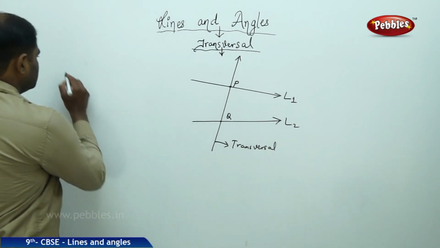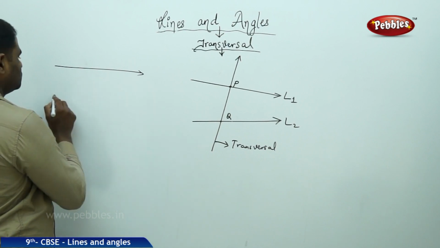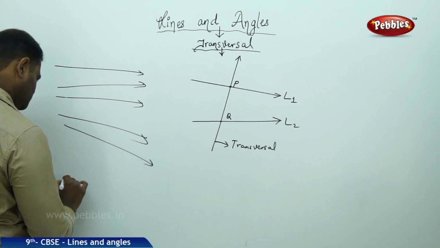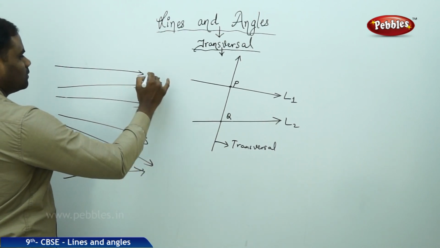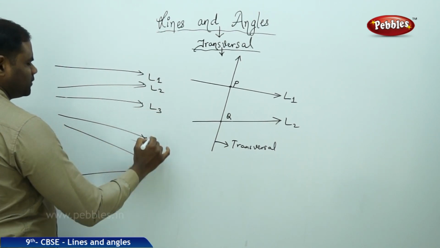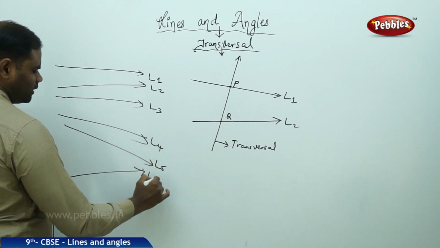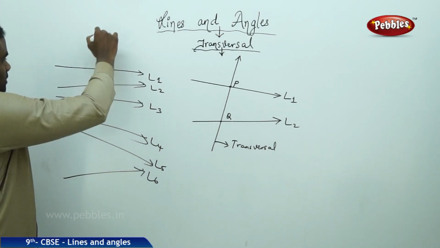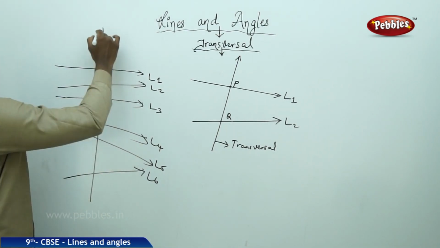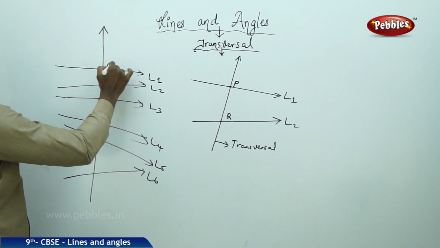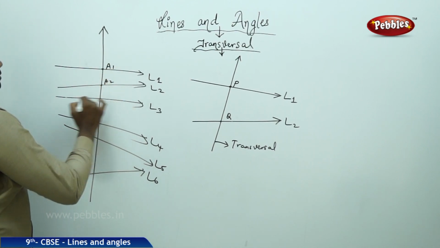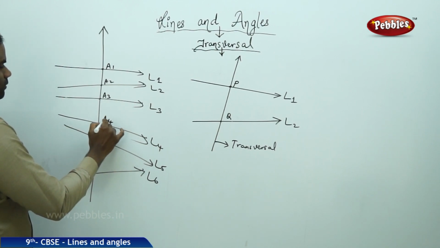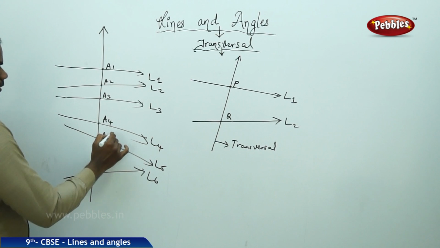Imagine I have L1, L2, L3, L4, L5 and L6. There are 6 lines out here, and then there's a line which cuts this at A1, A2 and cuts L3 at A3 and cuts L4 at A4, L5 at A5.